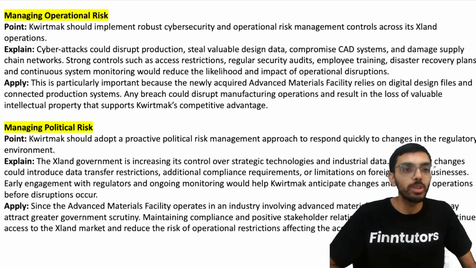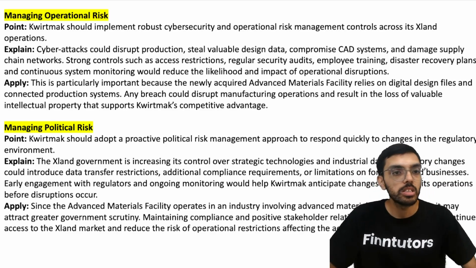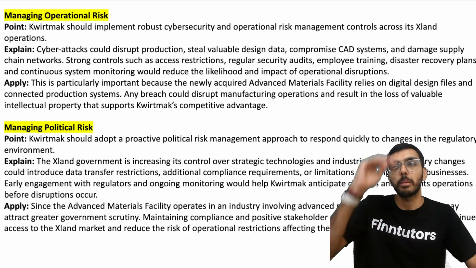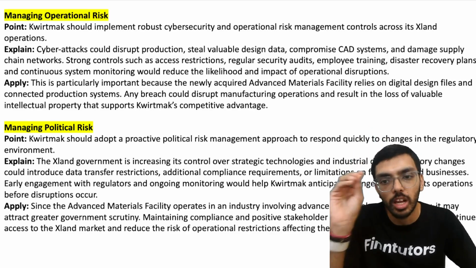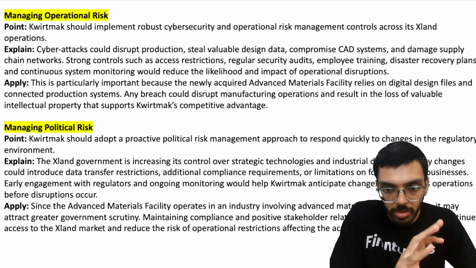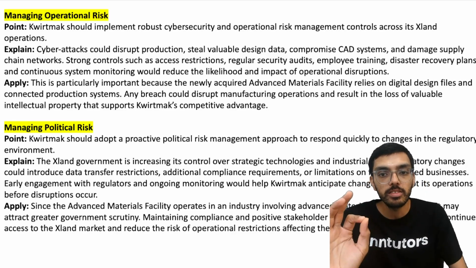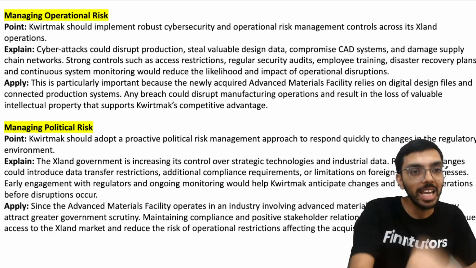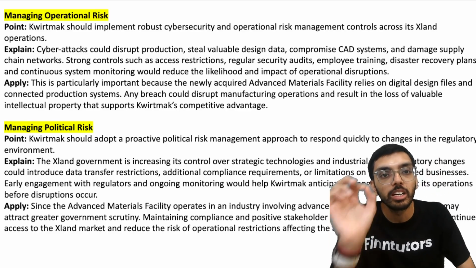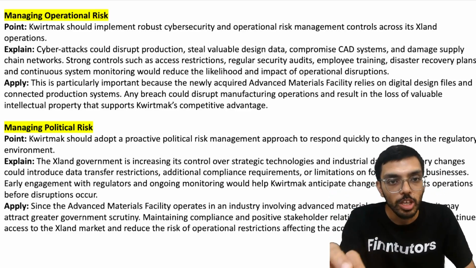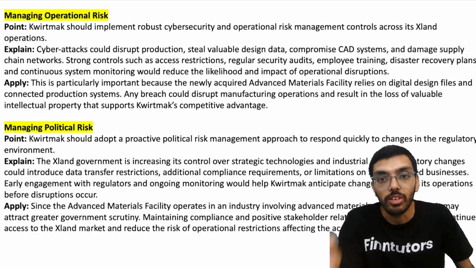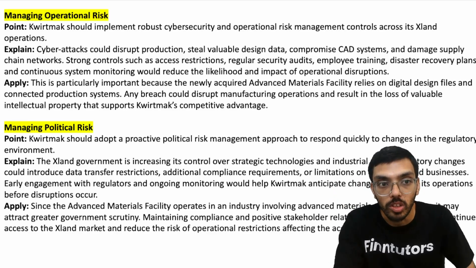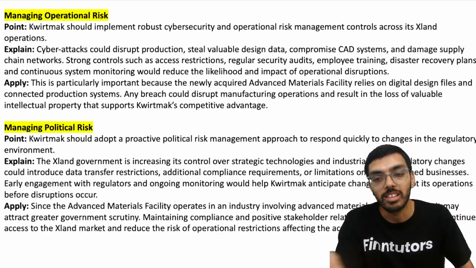So just to show you as an example, the first task was recommend how political risk should be managed, right? So my point is, I am recommending how it should be managed. I'm telling them that Kwirtmak should implement robust cybersecurity and operational risk management controls across excellent operations.